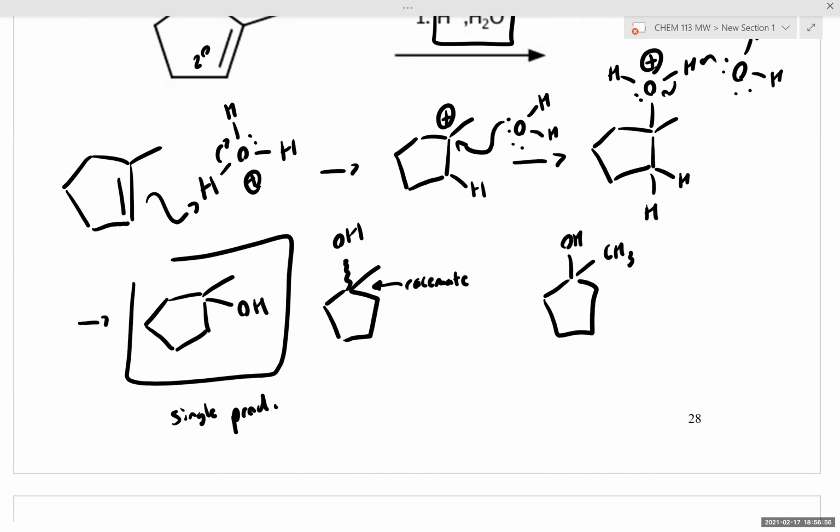It's symmetrical. So as a result, it's not a chiral center. So it would be incorrect to put plus enantiomer here, because by definition, there's no stereocenter. Does that make sense?